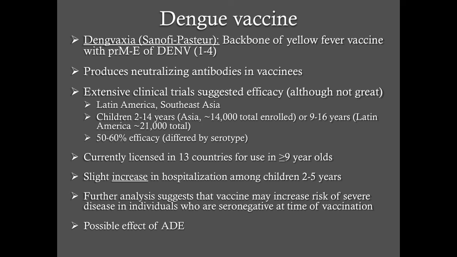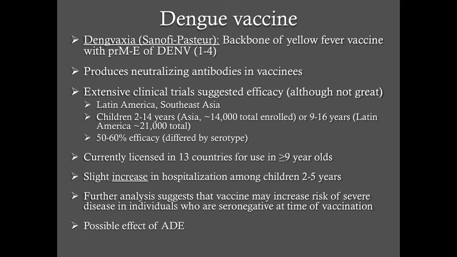And if you can reduce dengue infection in a certain number of individuals, then you might also argue that you're helping to break the cycle of mosquito to human transmission, and the overall effect would be even more beneficial than this number would suggest. So it's currently licensed in 13 countries, for use specifically in those 9 years or older.